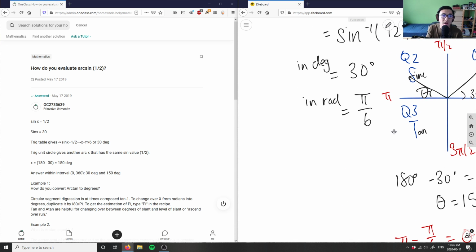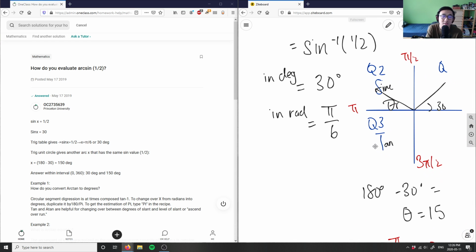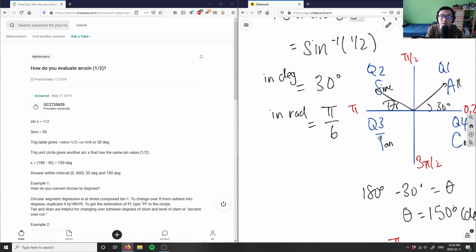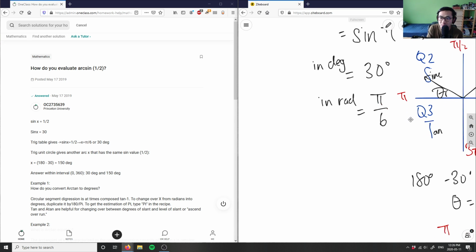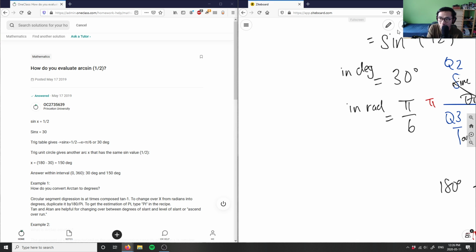So in this case I have two solutions, or 4 solutions, because I have solutions in degrees or radians. It depends on what the question's asking. So let me write this down. Therefore, arc sine of half would equal, in degrees, 30 degrees and 150 degrees.